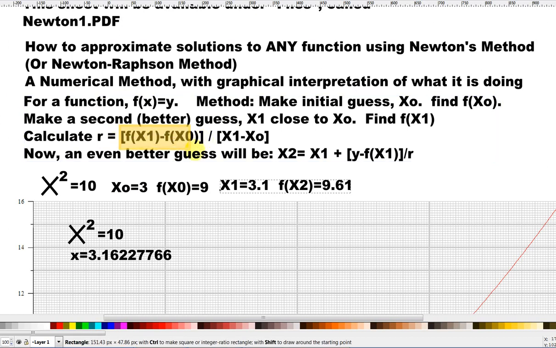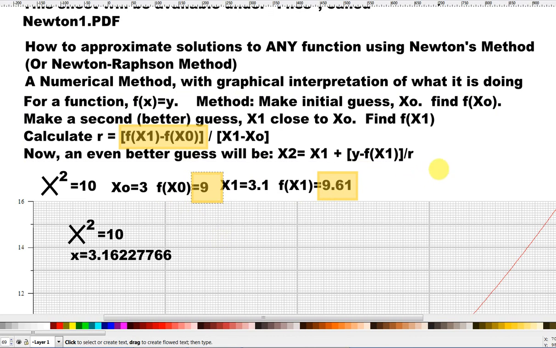Well, what it's doing is telling us to take the difference between the answer of the better guess and the first guess's answer. x1 is 3.1. 3.1 squared is 9.61. So we take the 9.61, we subtract the first guess answer, which is 9. So 9.61 minus 9 is 0.61.